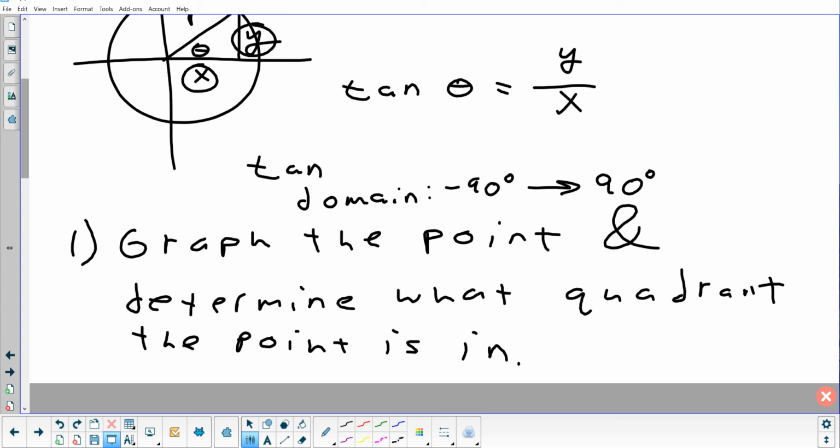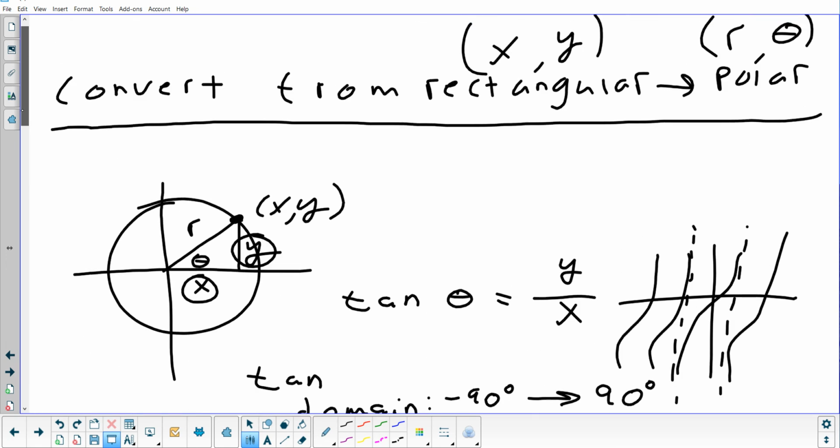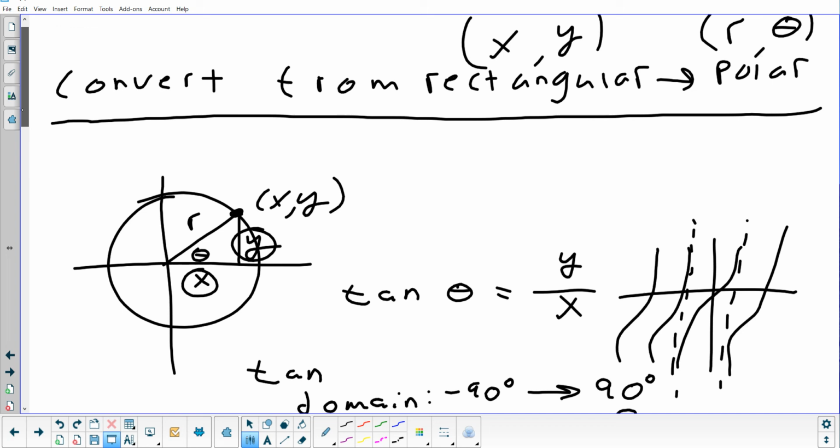We did that in order to make it a function, because it looked like this, and we wanted to find one section that passed the vertical line test. This is the section that we picked, between -90 and 90, or -π/2 and π/2. So the problem is when you do inverse tangent, the angle is always going to be between -90 and 90.